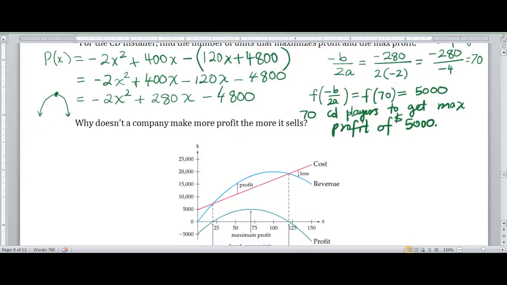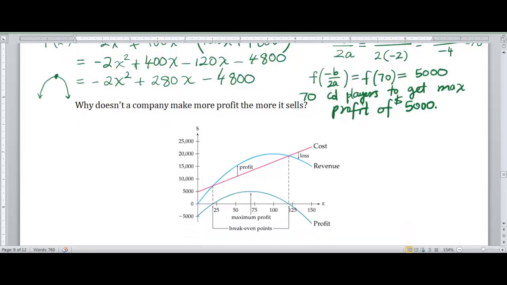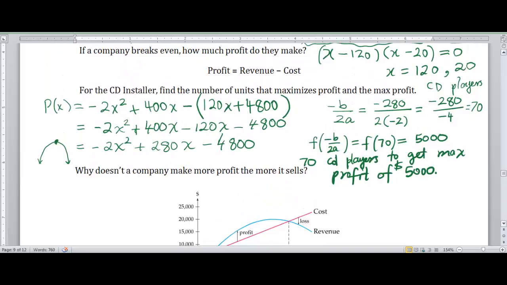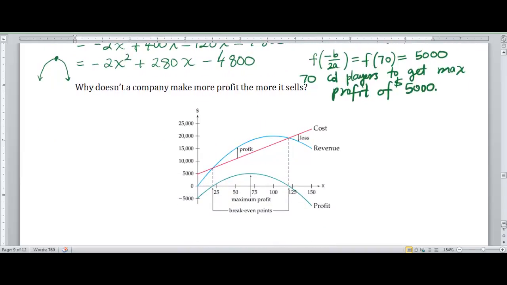Right? And you can see this is the graph that we have here. So you can see that at 20 and 120, the company broke even. Here the pink line is my cost function, the blue line is the revenue function, and the green line is the profit function.